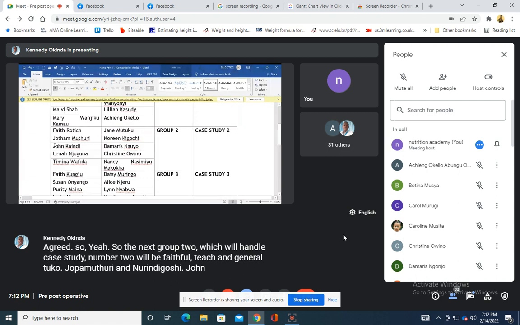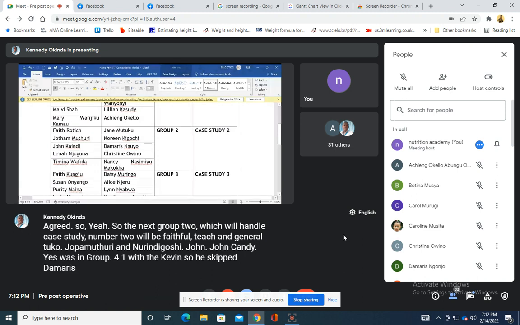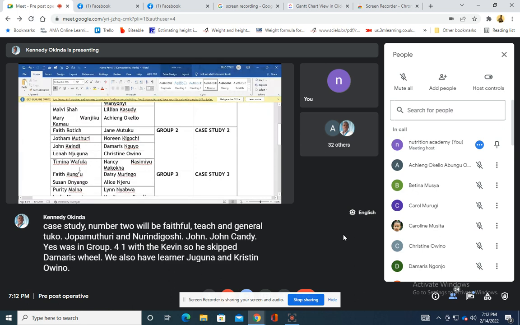John Kahindia was in group 1 with Kevin, so it's good. Maris Guyo. We also have Lena Juguna, Christine Owino, Timina Wafula and Nancy Makoha.